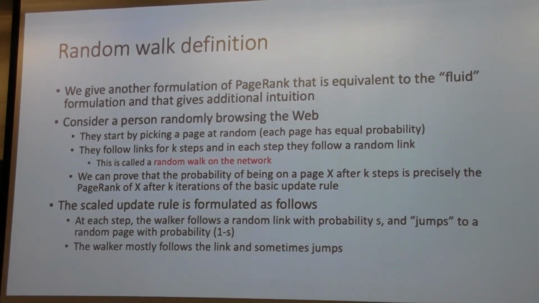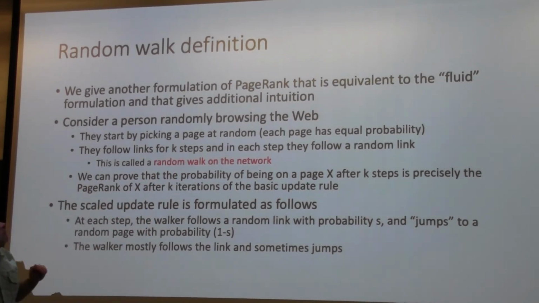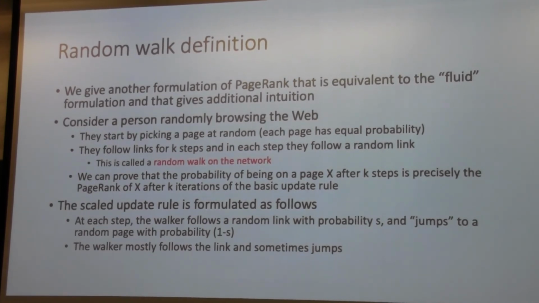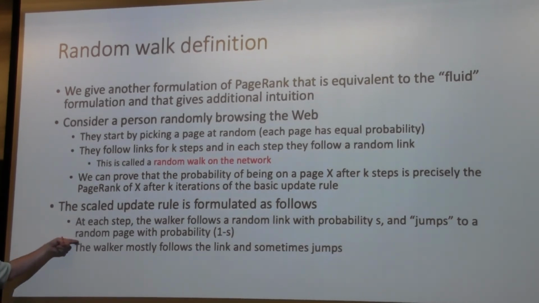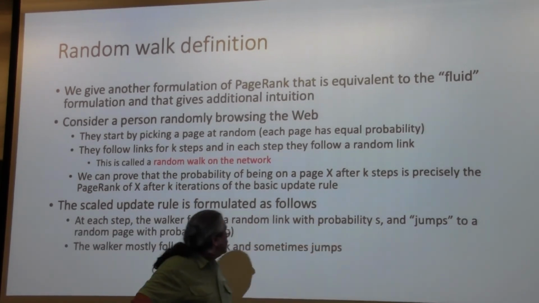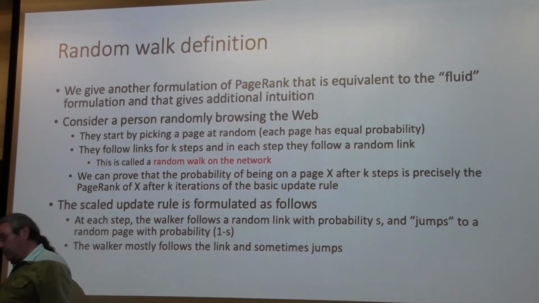And this also has an intuition, the random walk. You start by picking a page at random. Every page has equal probability. You follow links for k steps. Okay? And in each step you follow a random link. But at each step, you follow the link with probability s, and you jump to a random page with probability 1 minus s.